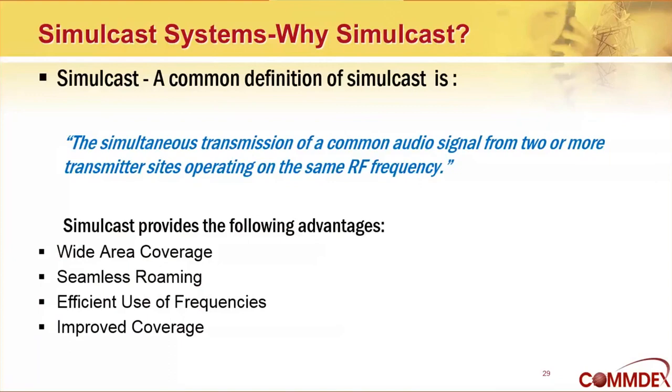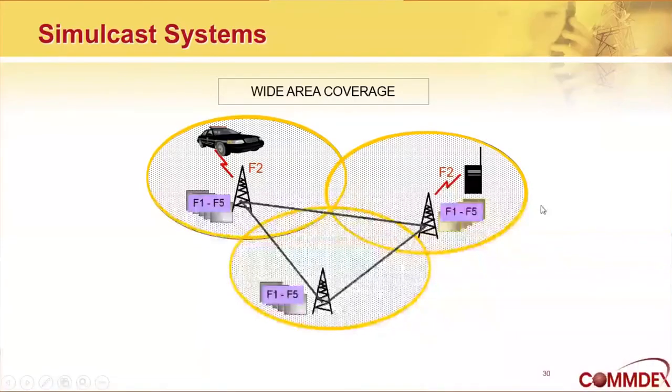So it will provide improved coverage by doing that, but there is a lot of designing that has to go into it. So here's a sample of a 3-site wide area system where we have 5 channels, and we have an example where a car in one area is talking to a portable in another area on frequency 2.